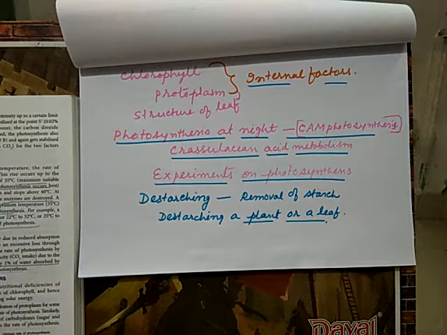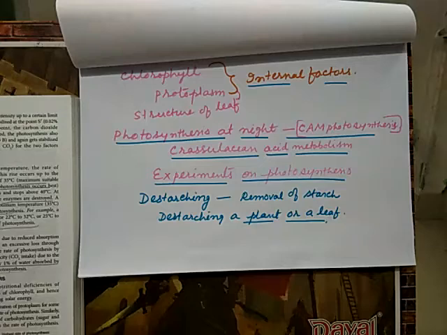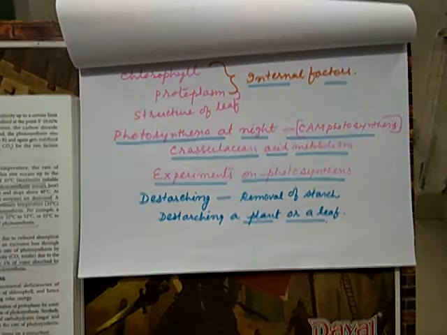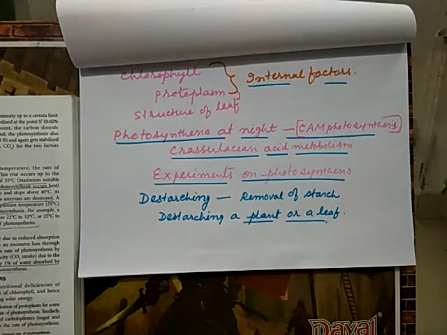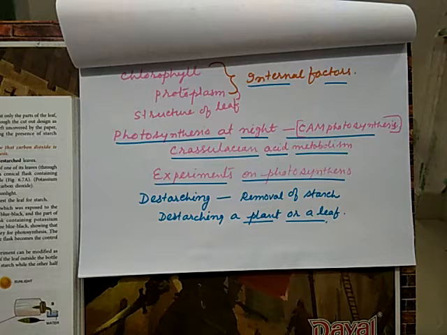With loss of chlorophyll, there is less trapping of solar energy, which may be due to mineral deficiencies. Dehydration of the protoplasm, or a plasmolytic condition, means it cannot take part in photosynthesis. Structure of the leaf, thickness of the cuticle, unequal distribution of stomata, and size of the leaf are factors that can affect the rate of photosynthesis.